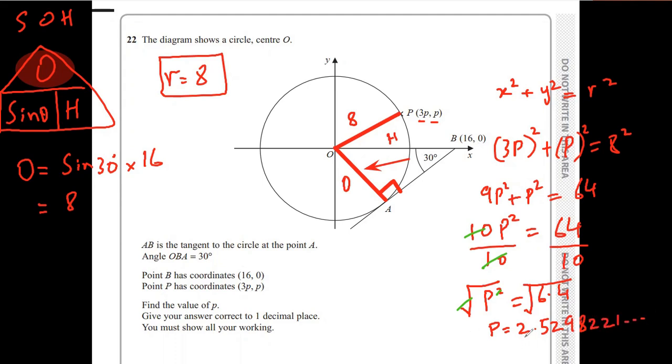If I round this answer to one decimal place, p will be equal to 2.5, because if I look at the digit after, it's 5 or bigger, so it will be 2.5. This is the final answer for the value of p.